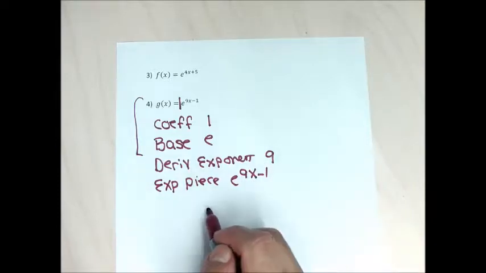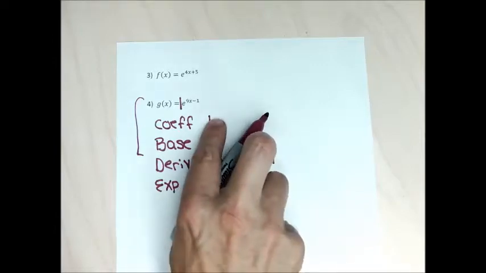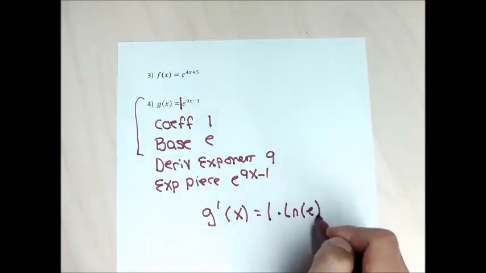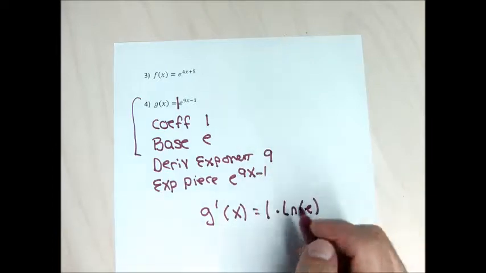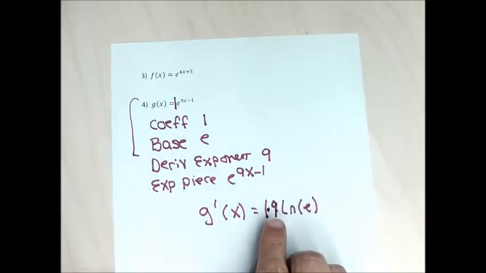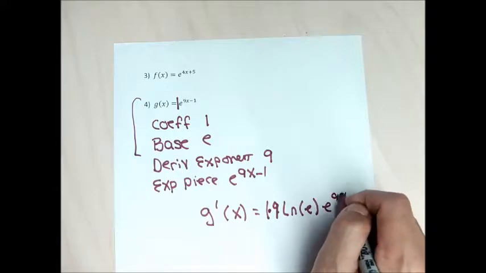So when I go to write the derivative of this with a little prime symbol, coefficient I don't need to write, but I could. Natural log of the base I don't need to write because it's equal to 1. Oh, I kind of flip-flopped the order, but it doesn't matter here. Times the derivative of the exponent, which I said I was going to write here. So let me do that. Coefficient, derivative of the exponent, natural log of the base times the exponential piece.